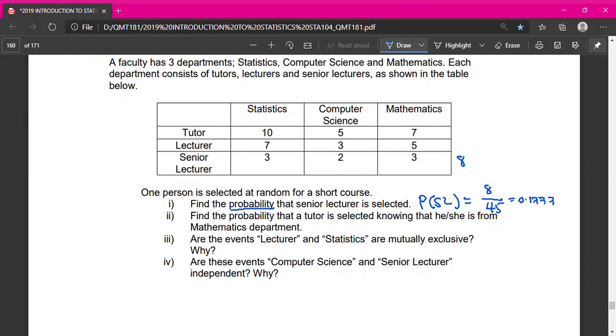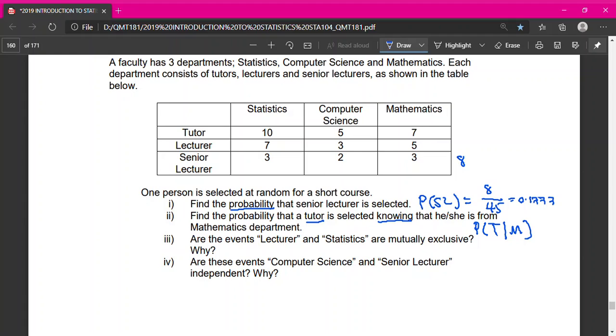Okay, yang kedua. Find the probability that a tutor is selected knowing that he is from mathematics department. Knowing that. So, maksudnya benda yang that happened earlier. So, means that kita nak cari probability of tutor is selected knowing that, maksudnya given he is from mathematics department.